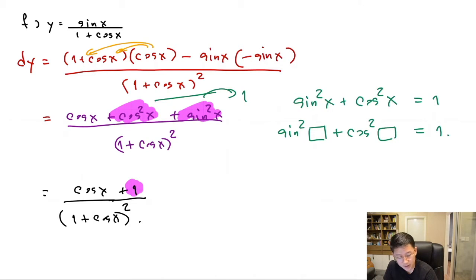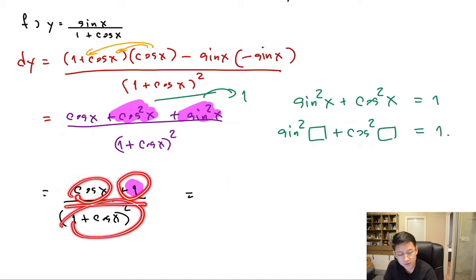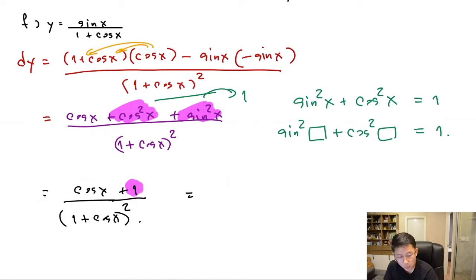So it is 1 plus cos x divided by 1 plus cos x squared. So we have that it is 1 divided by 1 plus cos x. And that's it. Easy, isn't it?